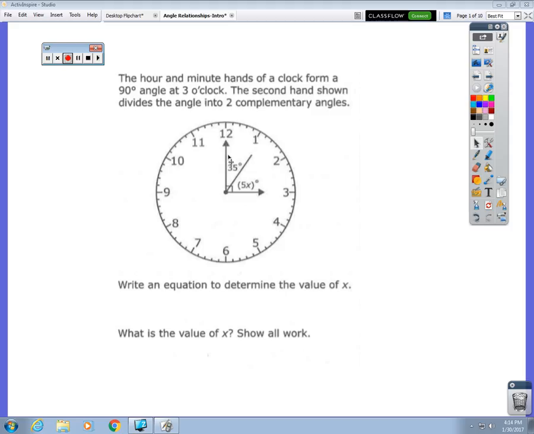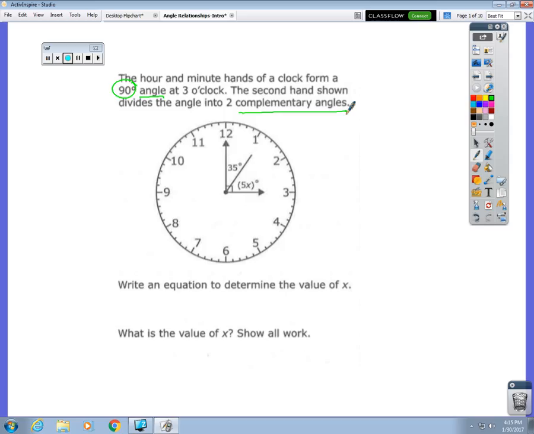Question number 1 says that we have an hour and minute hand of a clock that's forming a 90-degree angle. We know we have a 90-degree angle at 3 o'clock. The second hand shown divides the angle into 2 complementary angles. And we know from our vocabulary that complementary angles are 2 angles whose sum, so when you add them together, 2 different angles, equals exactly 90 degrees.